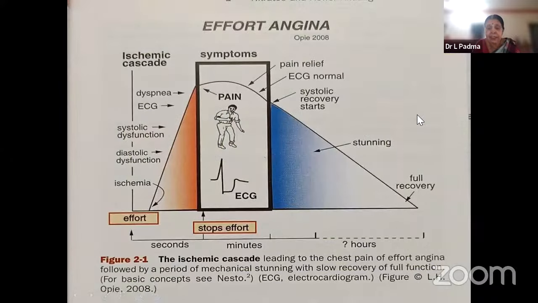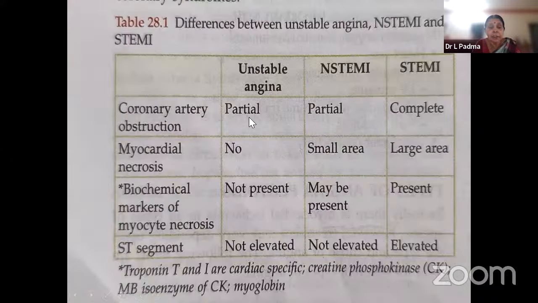STEMI is ST elevation. Myocardial necrosis is not at all there, so if you recognize early, you can salvage the myocardium. Whereas here, a small area of necrosis occurs, which we may call ischemia, whereas here it is infarction. So you have to know all the three words differently.